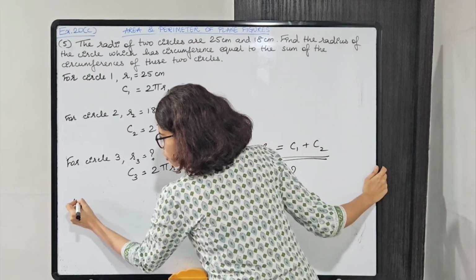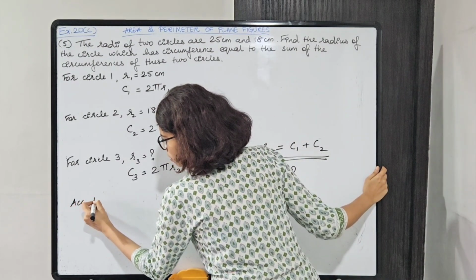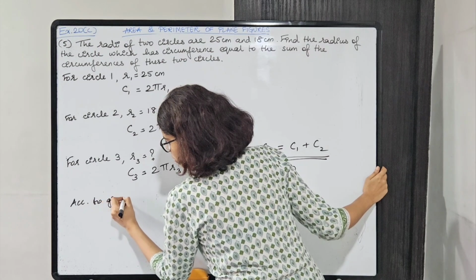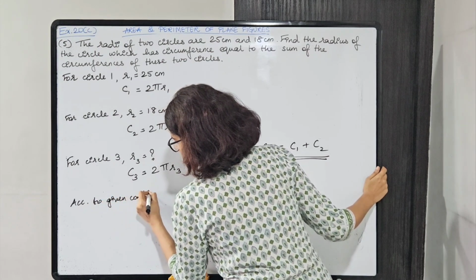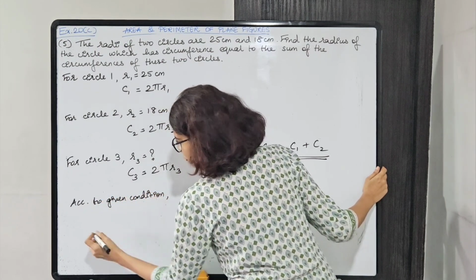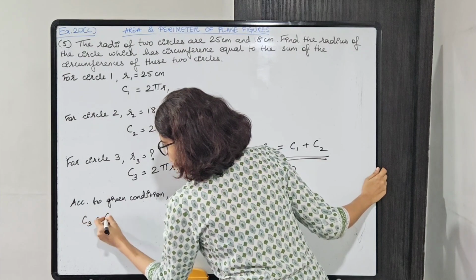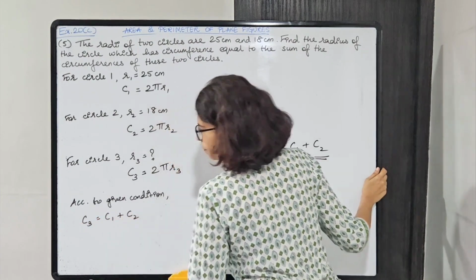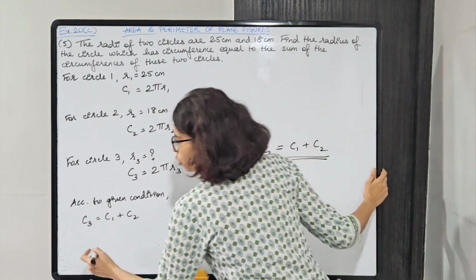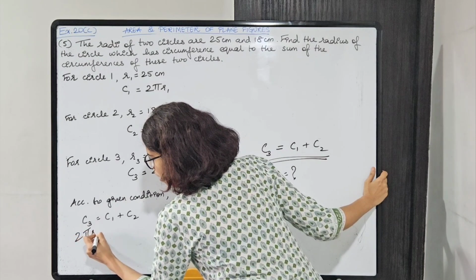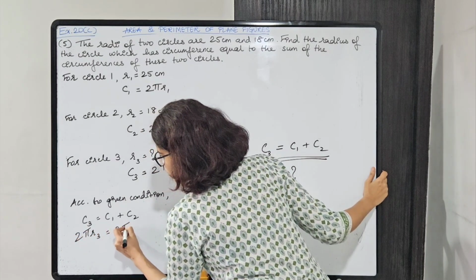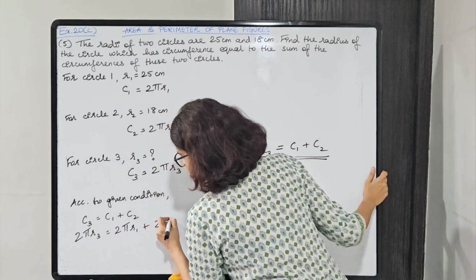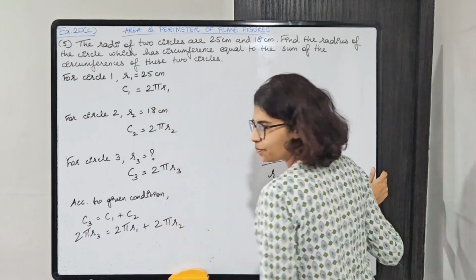According to the given condition, we know that C3 is equal to C1 plus C2. So 2 pi R3 is equal to 2 pi R1 plus 2 pi R2.